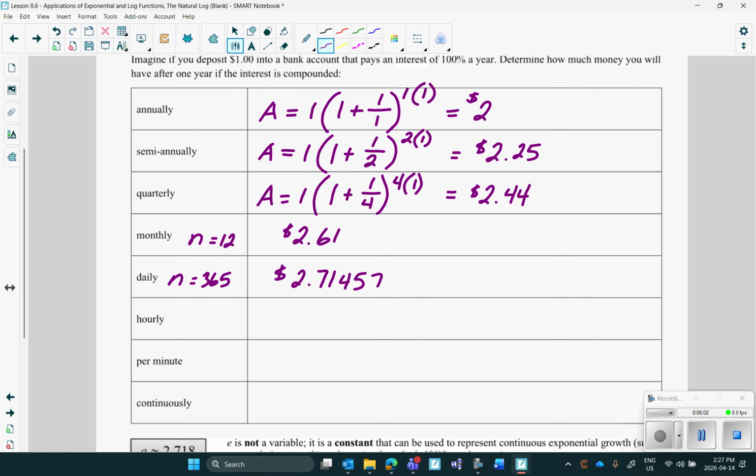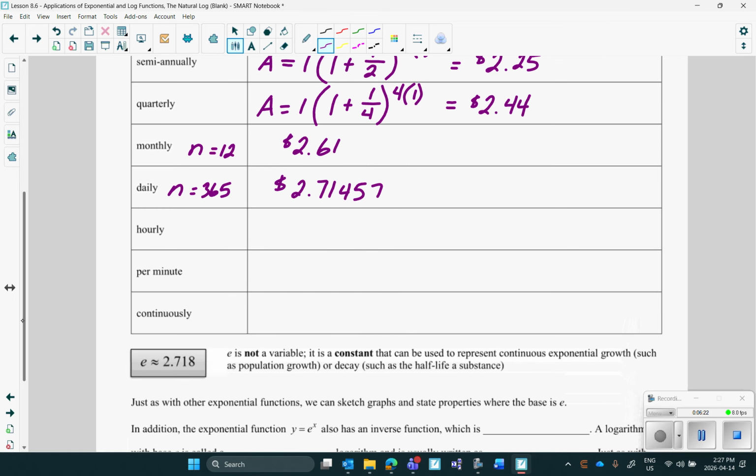Notice it keeps climbing, but how much it climbs slows down. Like here it's 25 cents, here it's 19 cents, here it's 17 cents, here it's 10 cents. It's still going up, but it's slowing down how much it's going up. And it really starts to slow down when we do this.